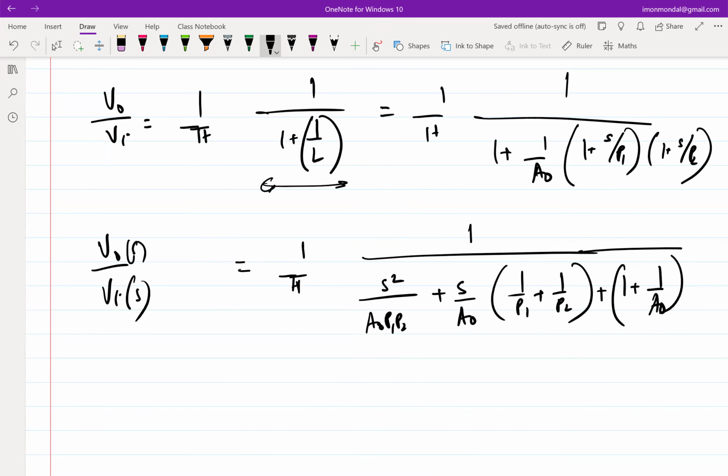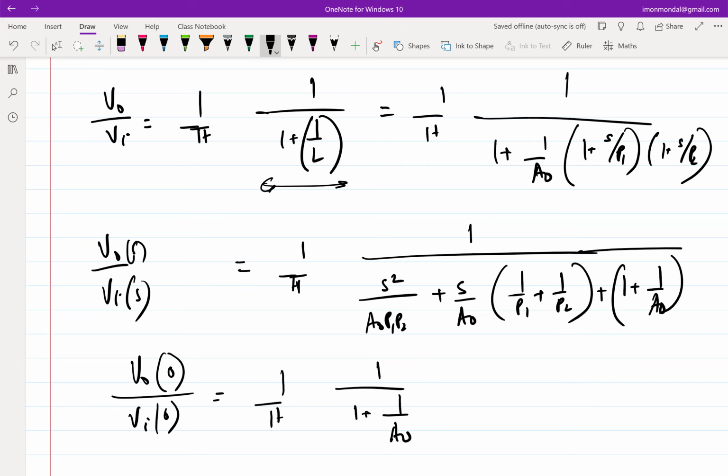So what is the DC gain in this case? DC gain of the closed loop system. V naught 0 by Vi 0, which is a DC gain, a low frequency gain. This is 1 by 1 plus 1 over A naught, right?